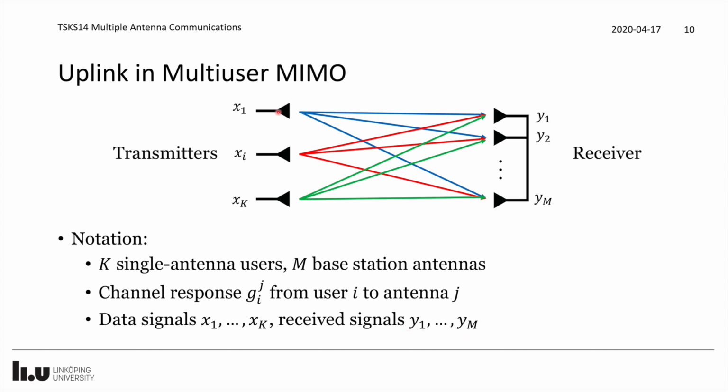So we see that the signal from user 1 is reaching all of the receive antennas. The signal from user I is also received at all the antennas, and so on. So we get a mix of signals from multiple users at the receiver here, and its task will be to separate them. And that would be particularly easy to do when we have at least as many base station antennas as we have users.